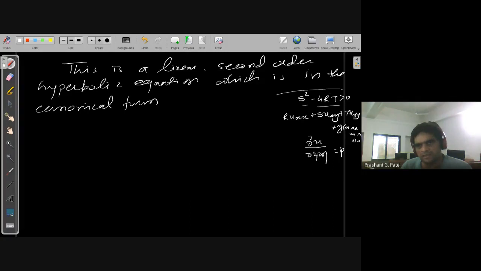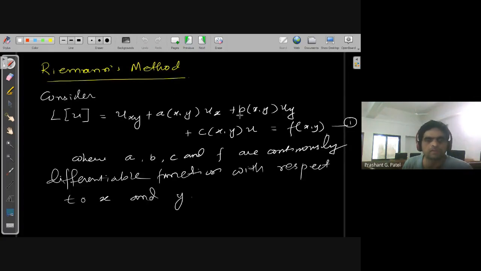So that is what we already discussed when we were discussing the classification of second order partial differential equations. So this equation which we have is of hyperbolic type, because you can see that it is of the form u_xy equal to some function of u, u_x, u_y, x and y, which is already in the canonical form.